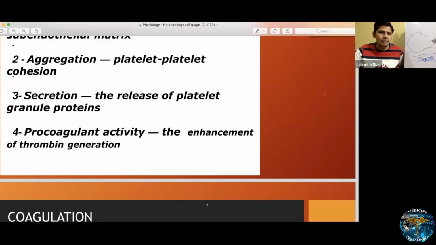That's why patients who have multiple cardiovascular risk factors like diabetes, hypertension, hyperlipidemia together, maybe the patient has some CKD also, that type of patient has to be on aspirin. So what is aspirin? Aspirin is an antiplatelet drug.